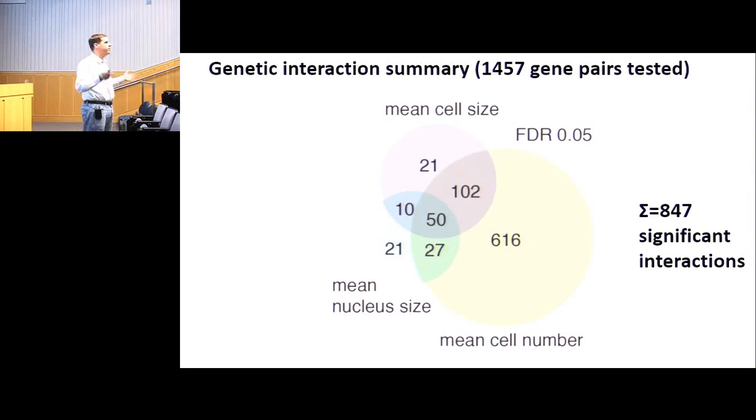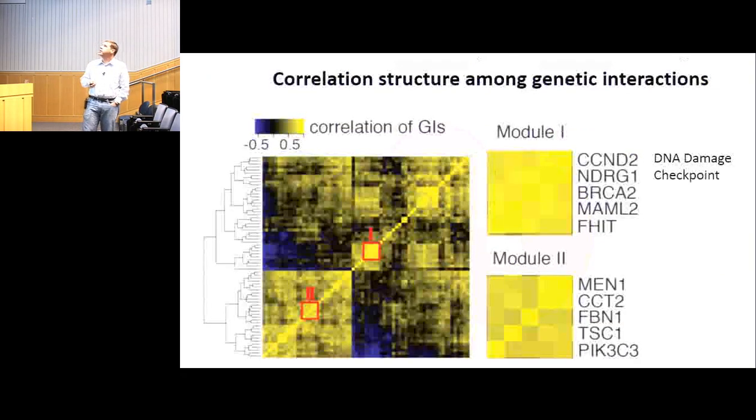Of the 10 phenotypes that we looked at, these 3 are representative of the 3 main classes that were not heavily correlated with one another. And you can see cell number, cell proliferation, is probably the biggest one.